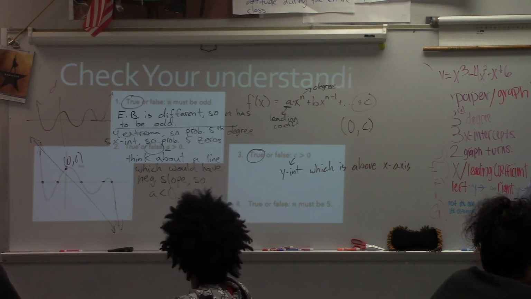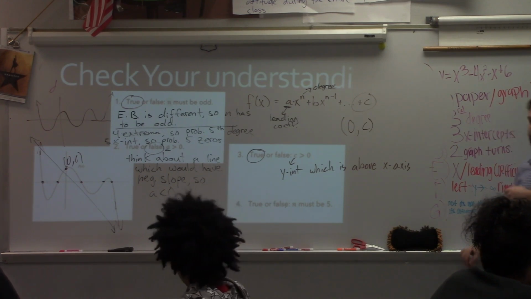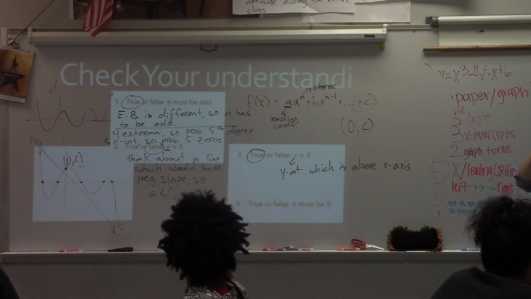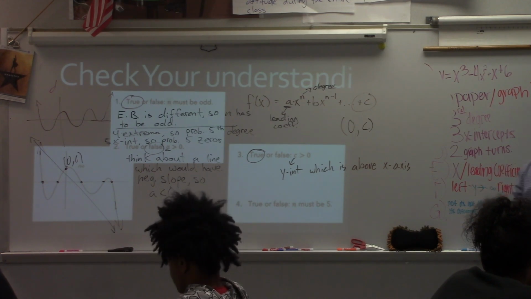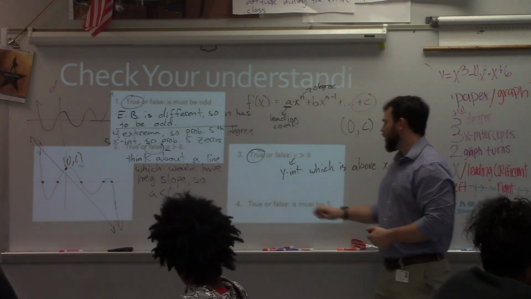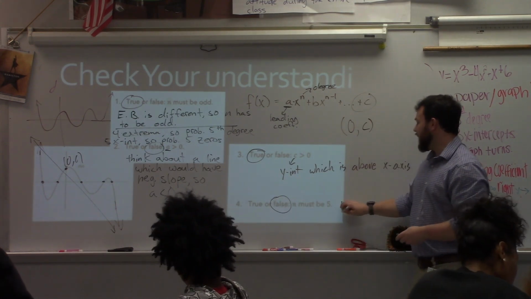We could have, well, not a double root, because remember it never touches and bounces away, but if it's a triple root, it'll actually also go through, right? If it's a quintuple root, meaning 5, it'll also go through. More than likely, none of them are. What other types of roots could you have that increase the degree, but we would not see as an x-intercept? Imaginary, right? So it is technically false.